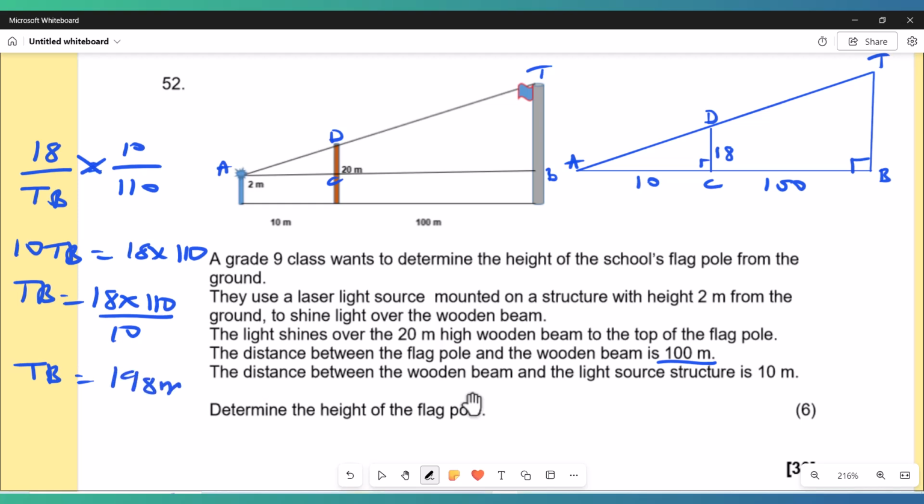Now 198 meters is from T to B. So now to get what I'm looking for for the flagpole, I'm going to say this 2 meters plus 198, which gives me 200. The answer is 200 meters for the flagpole. That's how high it is.